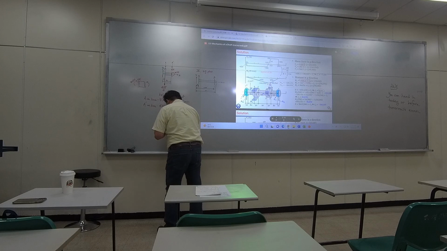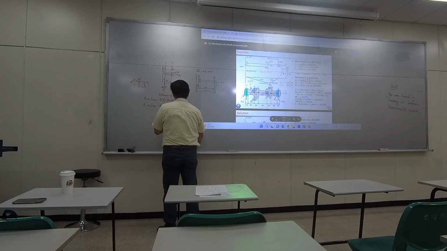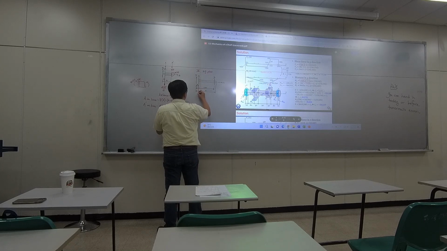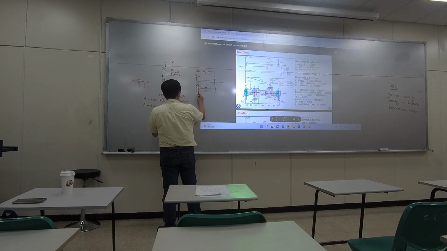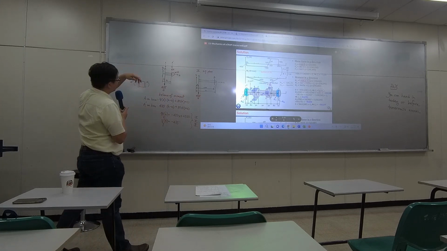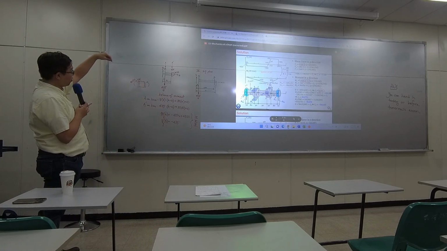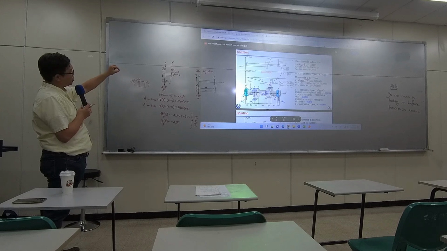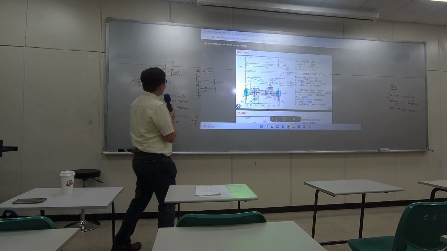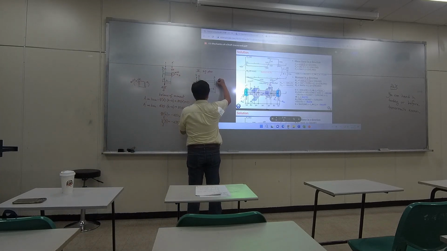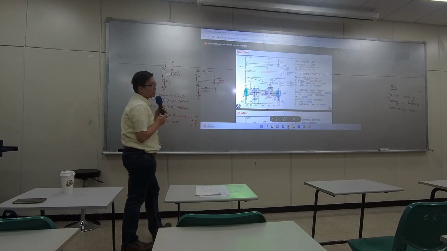Okay, and you still have your 435 Newton single load going down at position A. Similarly, you have a shear force Vx right here. You have a bending moment like this right here. You just don't know what those are yet.